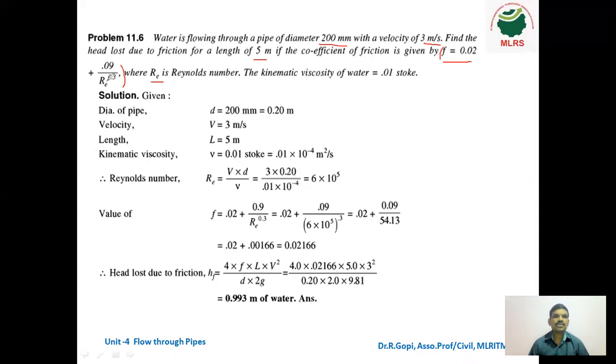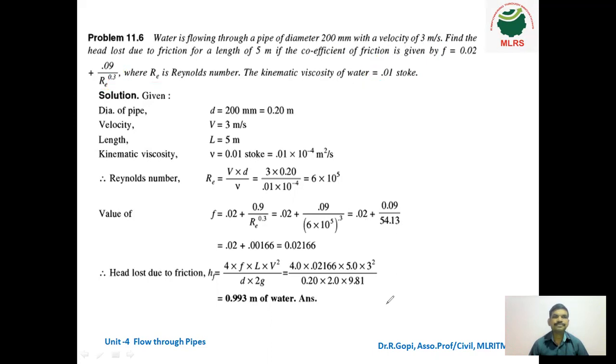Even though they gave it, we need the Reynolds number for calculating the coefficient of friction, and for calculating the Reynolds number, they gave the kinematic viscosity. So let us see the problem.